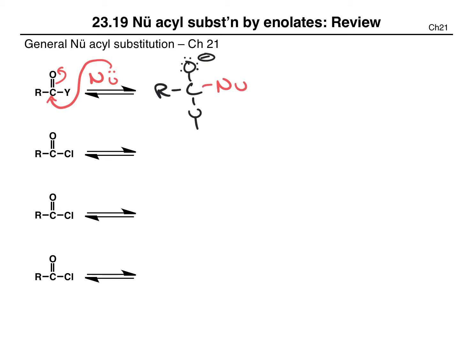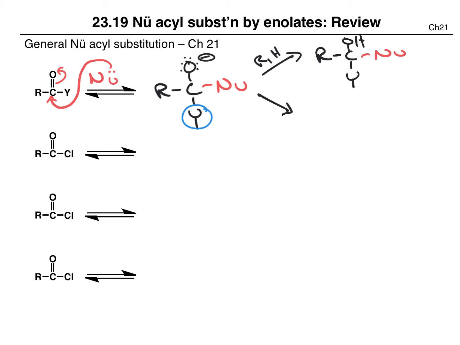Now, depending on the nature of the Y group, what happens next is going to differ. If Y is an alkyl group or a hydrogen, then that will not get kicked out, and so the O- will grab a proton from the solvent, and we end up with something like this.